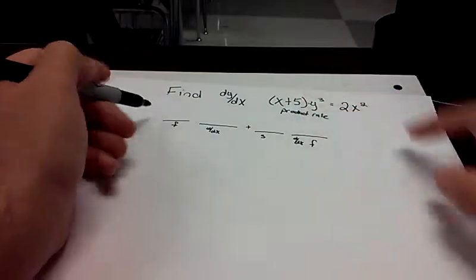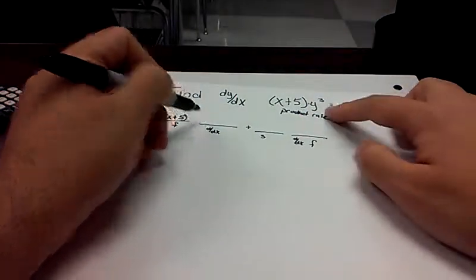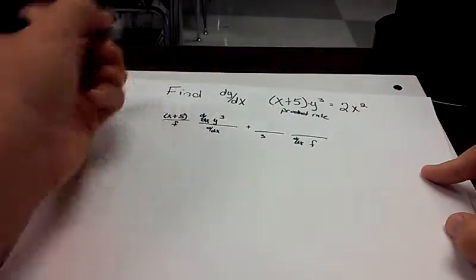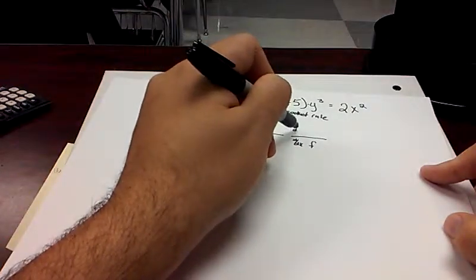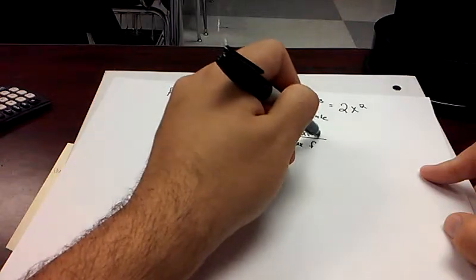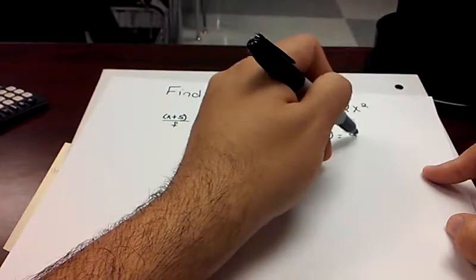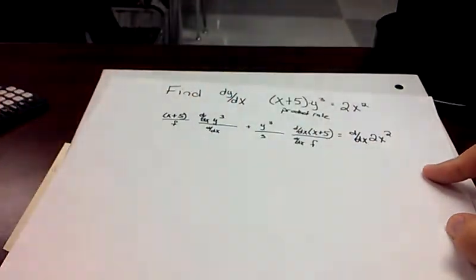So my first is just x + 5, so we're going to leave that alone, times the derivative with respect to x of y^3, plus second, which is y^3, times the derivative with respect to x of x + 5. And then don't forget, this is implicit differentiation, so I need to take the derivative with respect to x of 2x^2.